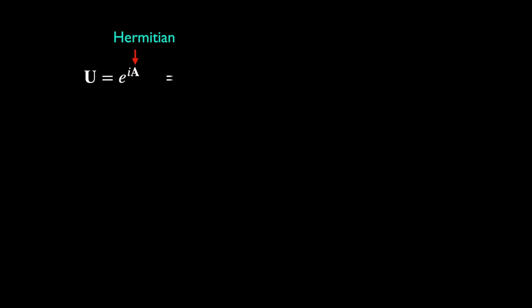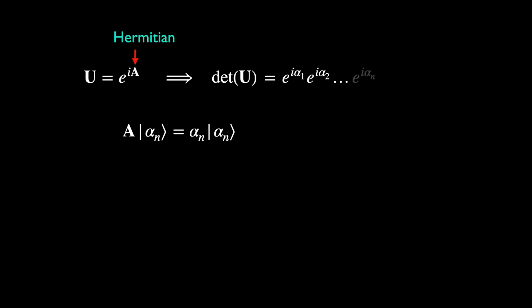Let's calculate the determinant of U. This is most easily done in the eigenbasis of A, where all the eigenvalues are real, since A is Hermitian. U itself will be a diagonal matrix in this basis. Thus the determinant would just be a bunch of phase factors multiplied together.